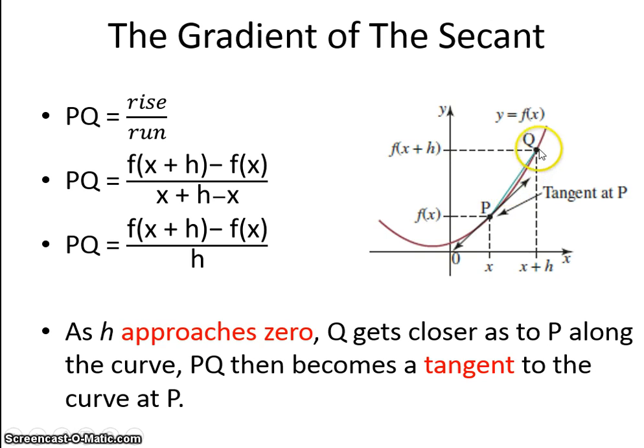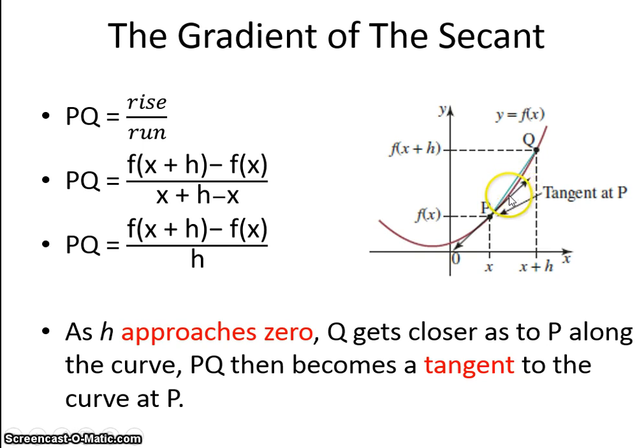If we go back to point Q now, where h is this distance here, if I move it closer towards P, we can see that as I keep moving Q, h will actually get smaller.